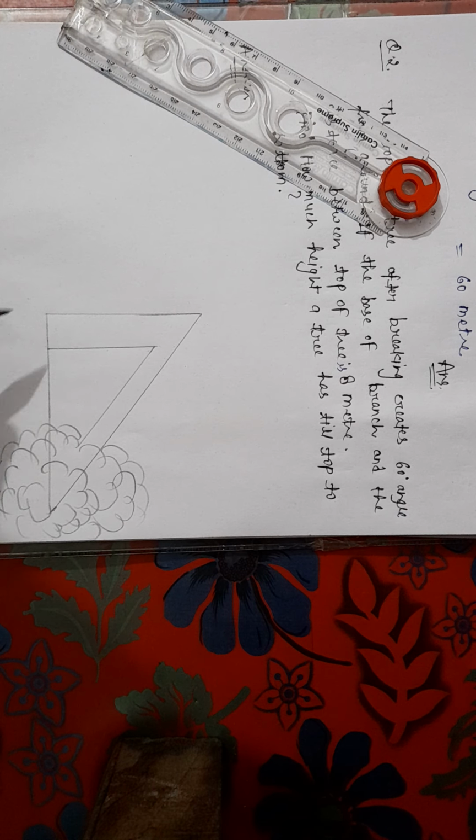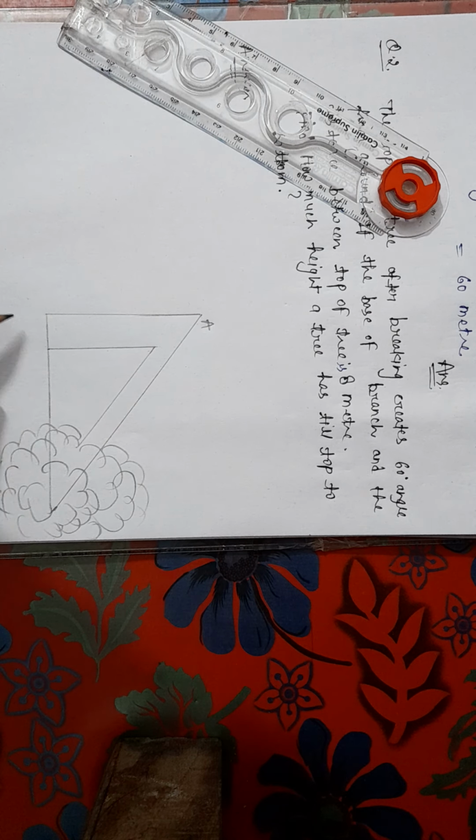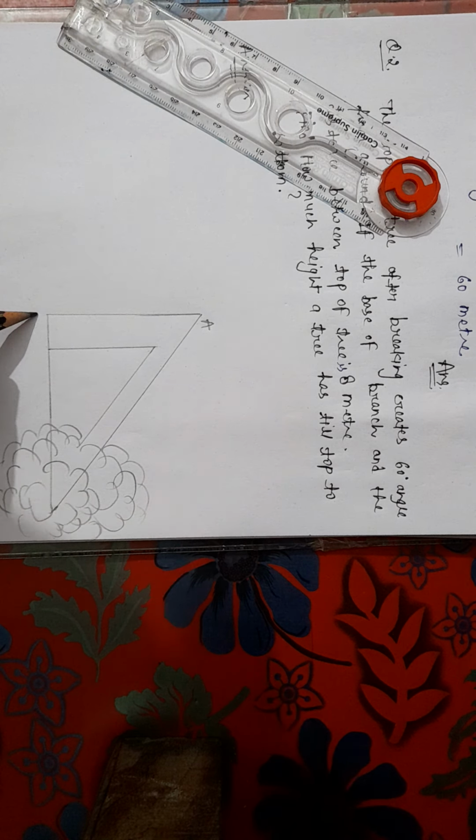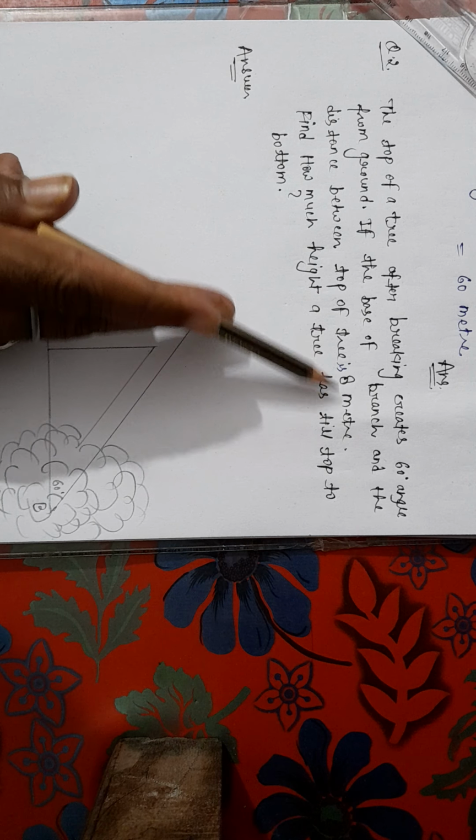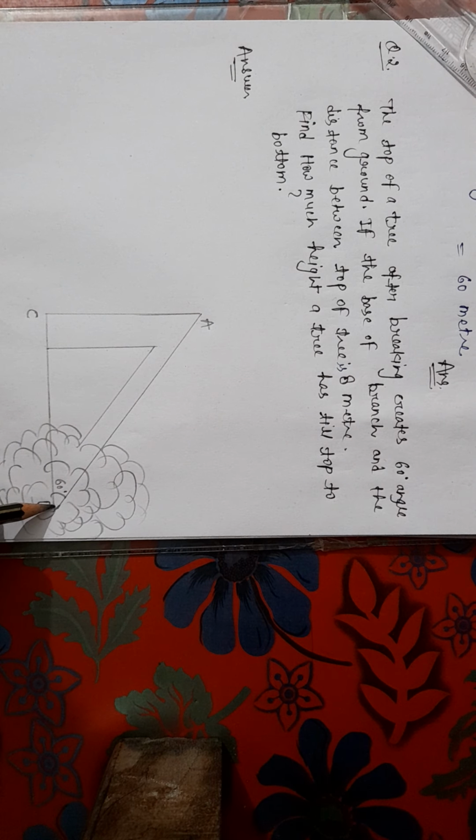So I am giving points here. This is point A, this is point C, and this is point B. And as the question says it creates a 60-degree angle, I am making a 60-degree angle at point B. And the distance from the top of the tree is 8 meters, meaning this is the top of the tree.